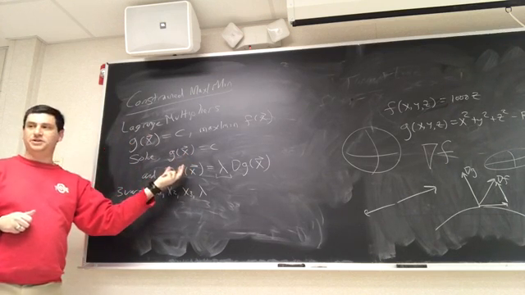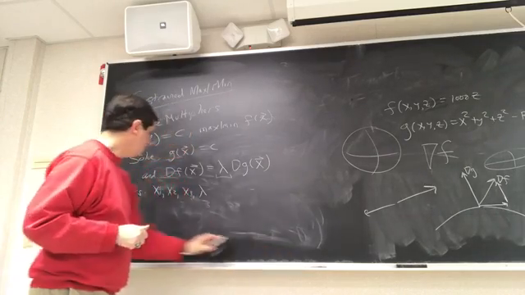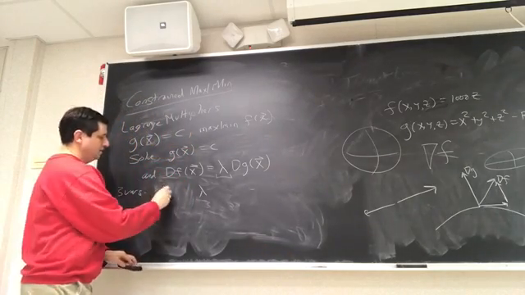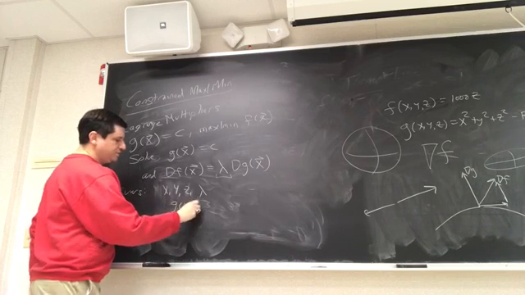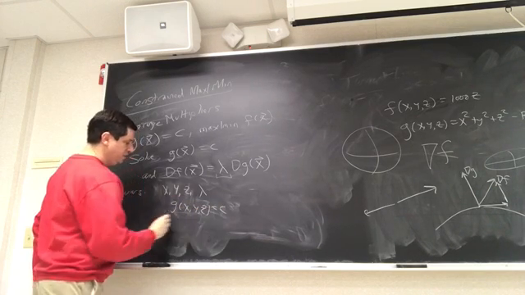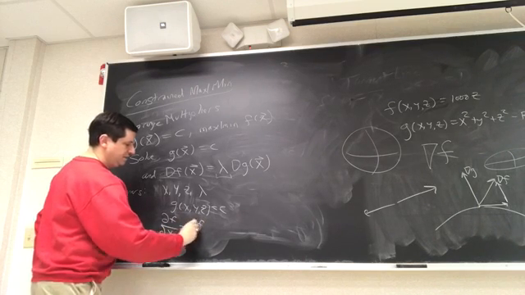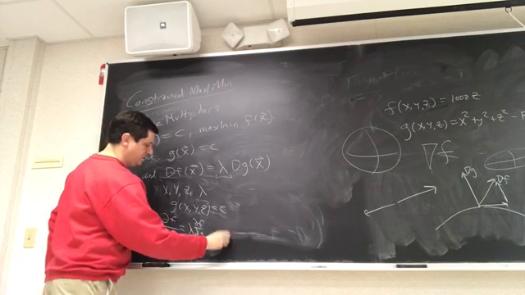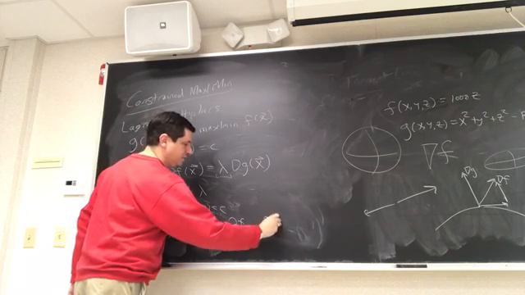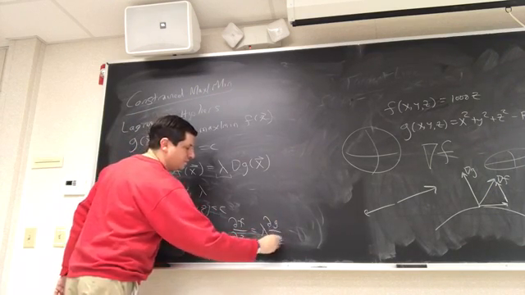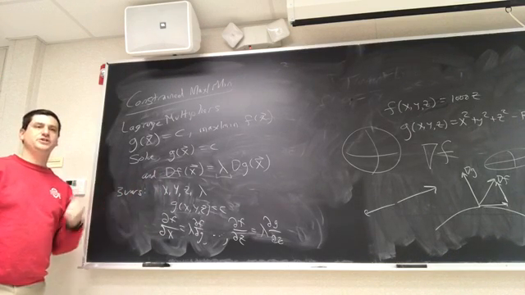This has 3 components. I'll use x, y, and z. So with x, y, z, and lambda, we have g of x, y, z equals c, df dx equals lambda dg dx, and so on, through df dz equals lambda dg dz. We actually have 4 equations and 4 unknowns. We have a chance to solve it.